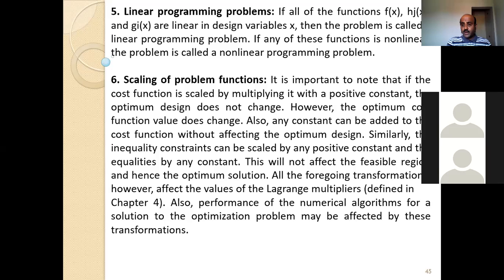It is very important that it should be a positive constant only, not a negative constant. When you multiply with a positive constant, the optimum design does not change and the optimum cost function value does not change. And also you can scale the inequality constraints, just like we did in the previous problem.